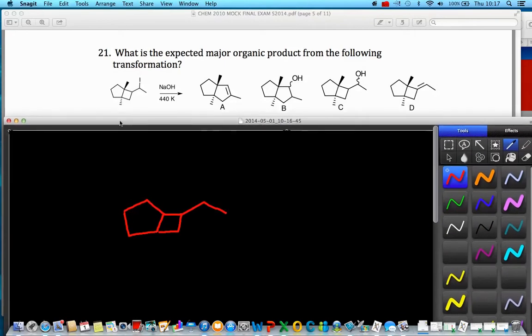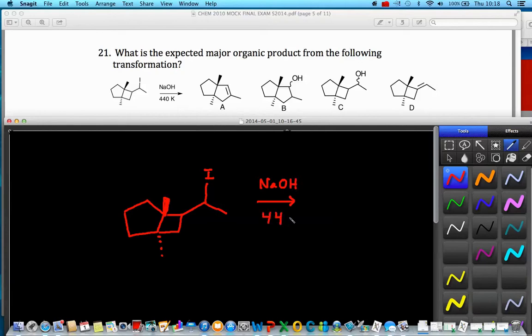Of course, got iodine, and a couple of methyl substituents. We're going to react this with NaOH at very elevated temperatures. So the fact that we're using elevated temperatures means that we're looking at elimination product. So right away I would eliminate answer choice B and answer choice C.